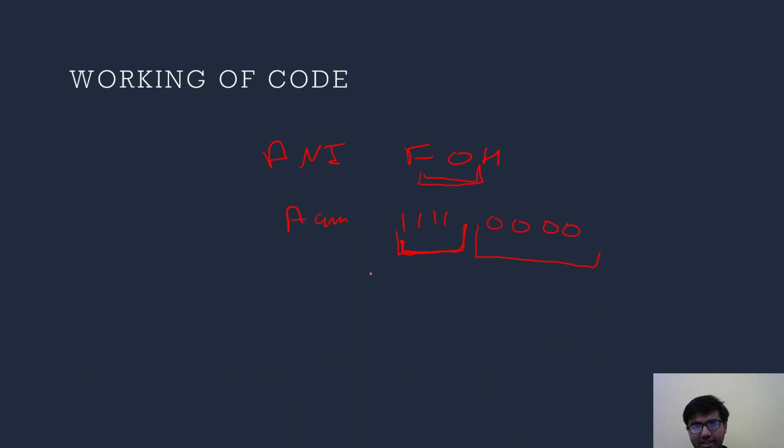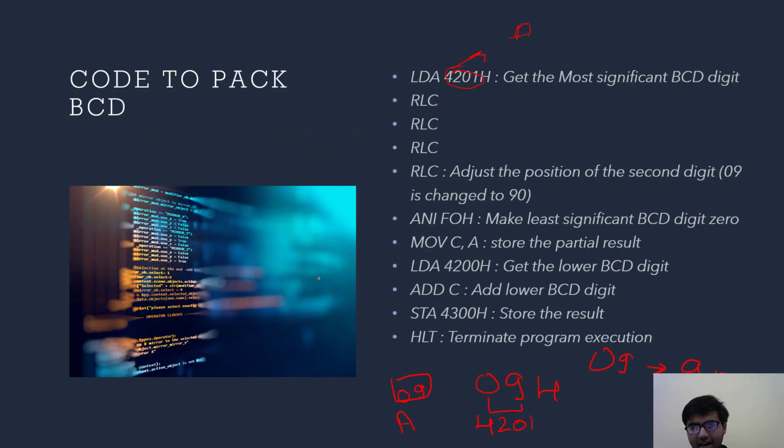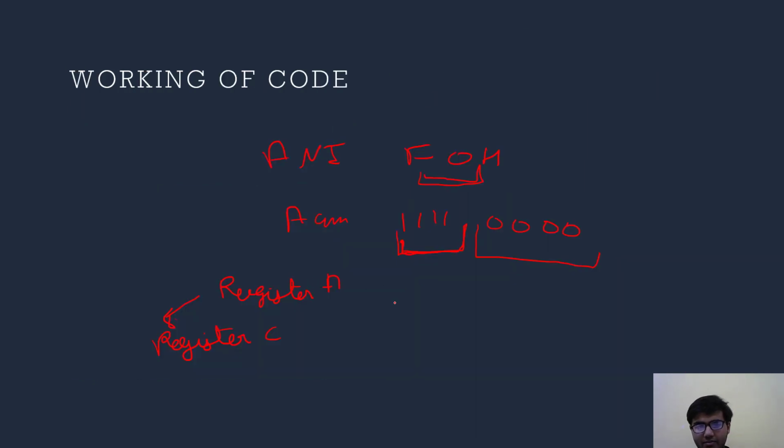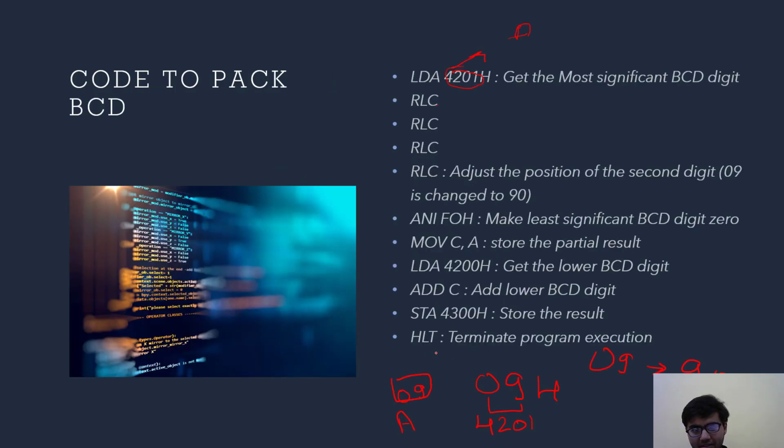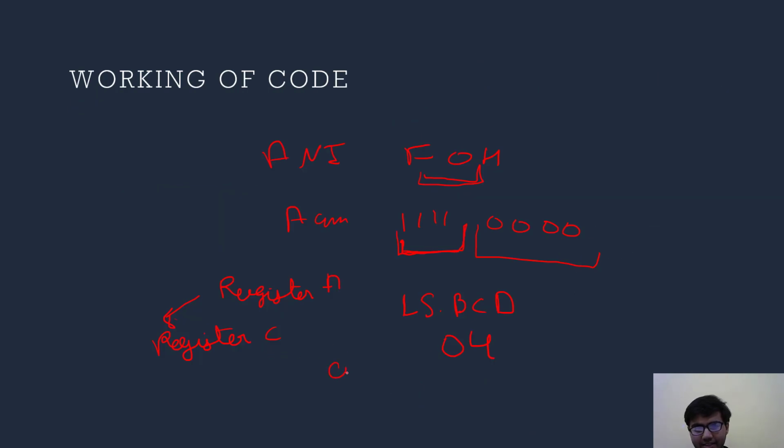Then I'm storing my result from register A to register C. Then I'm taking the lower significant BCD number again. Let's say it was 04, and I add it to register C, because our register already had 90 in the example I have taken, and if I add 04 it would be 94.